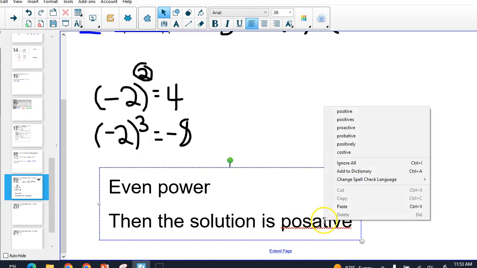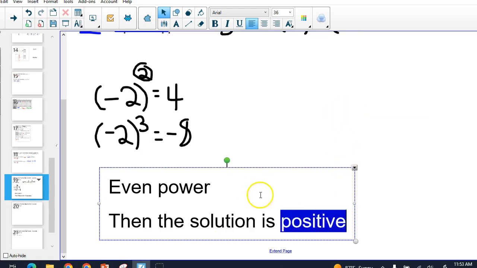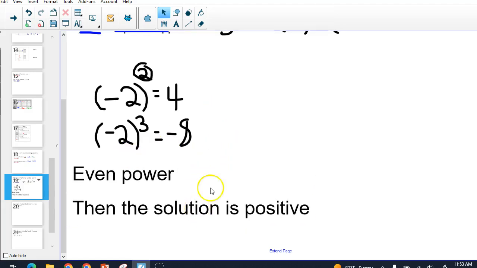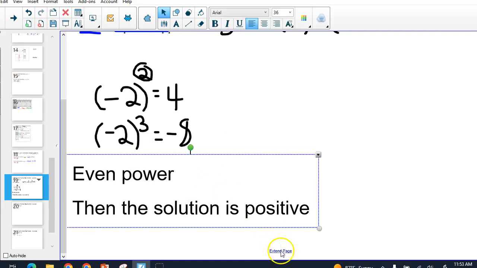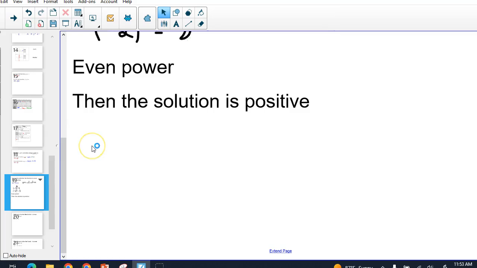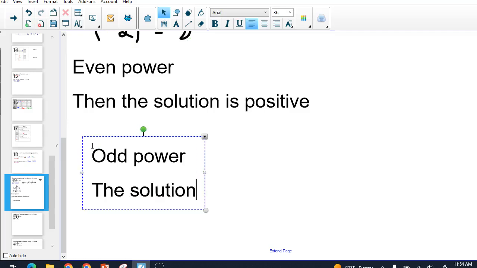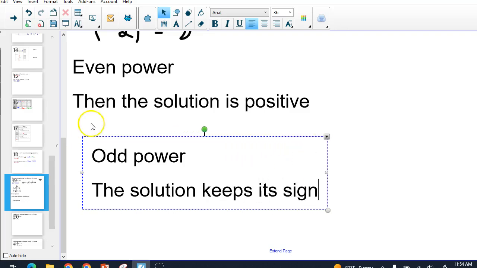Ooh, that's some terrible spelling there. And if we have an odd power, the solution keeps its sign.